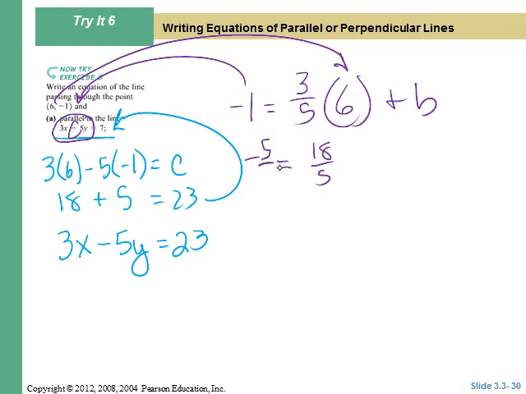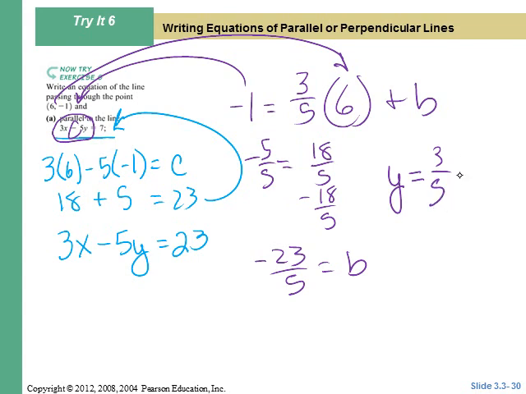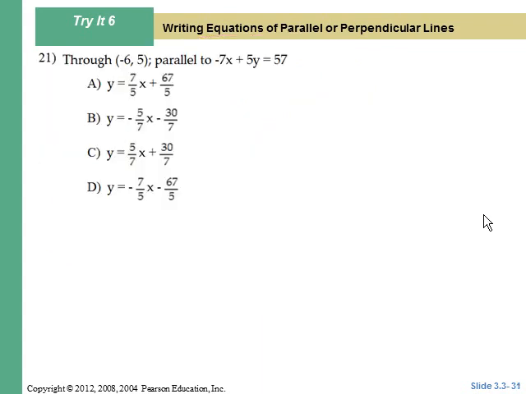This is negative 5/5. Subtract 18/5 from both sides. You get negative 23/5 is b. So our equation will be y equals our slope, 3/5 x minus 23/5.